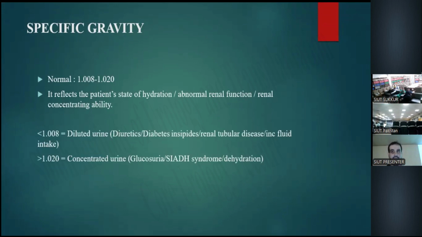If it's less than 1.008, it indicates diluted urine and could be due to diuretics, diabetes insipidus, renal tubular disease, or increased fluid intake. If it's more than 1.020, it is concentrated urine, and it can be caused by glucosuria, syndrome of inappropriate ADH secretion, or dehydration.